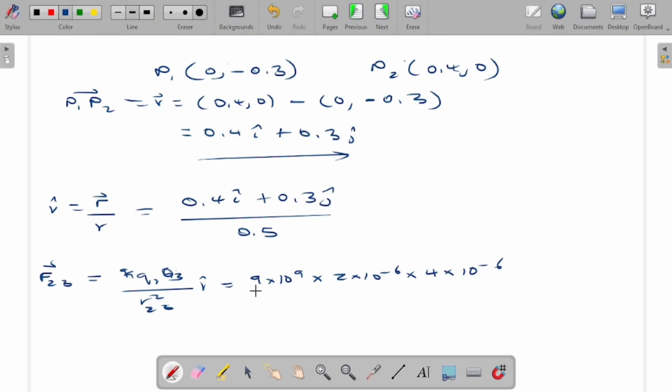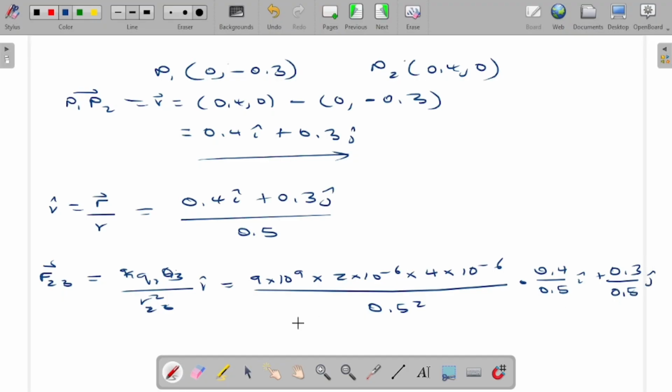And then we divide everything by the distance. The distance is 0.5 squared. So the distance squared. And then our unit vector says 0.4 over 0.5 i hat plus 0.3 over 0.5 j hat.